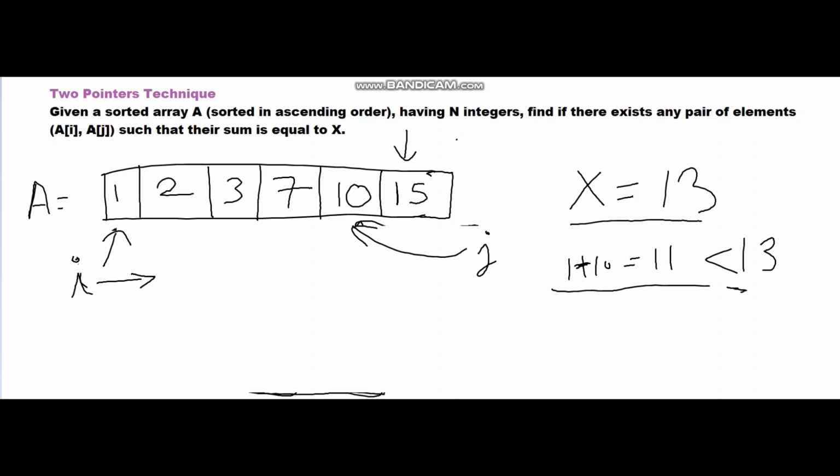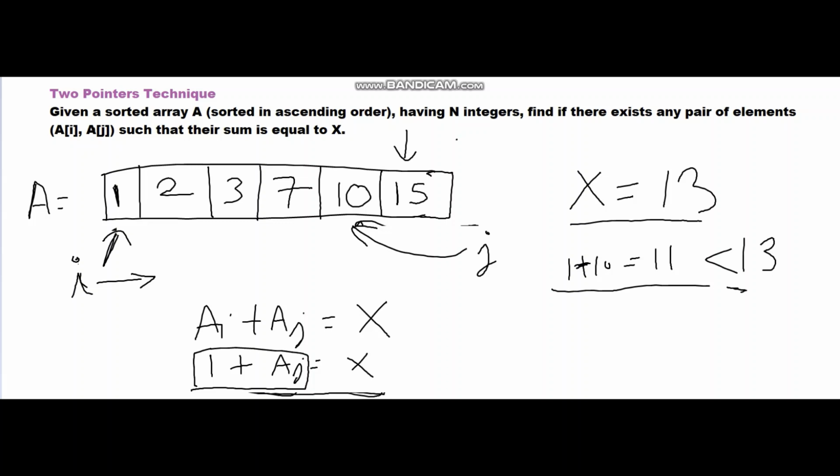So why do we have to do that? Why are we discarding this one here? Why? Because let's write it, ai plus aj should be equal to x. So keeping ai constant as 1 and aj variable, it should be equal to x. Now we have seen that ai plus aj is 1 plus 10, which is less than x.